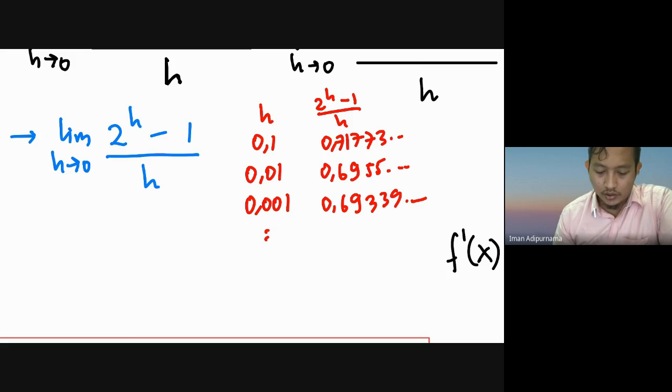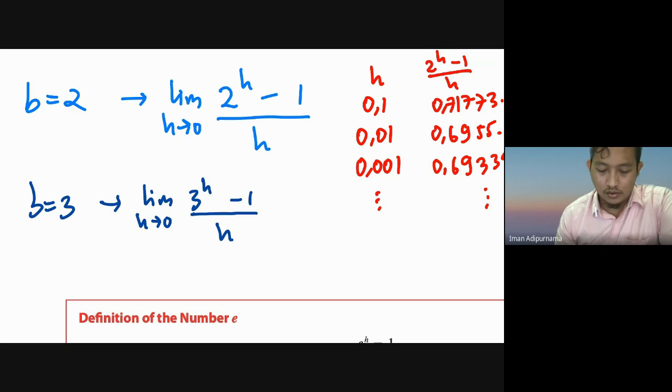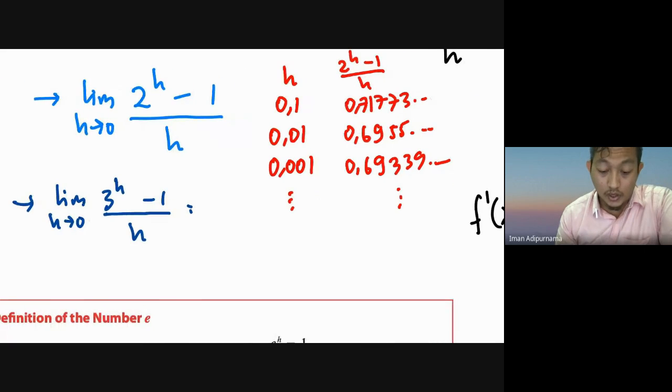And you can add more zeros and check the results. You can also try another number. If b is equal to 3, you can also check the same way with 0.1, 0.01, 0.001, and so on.